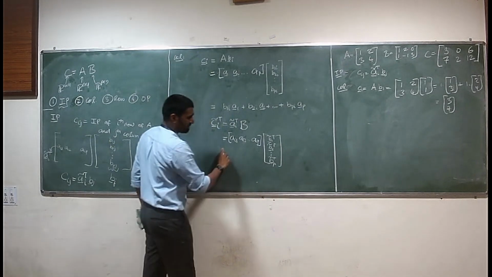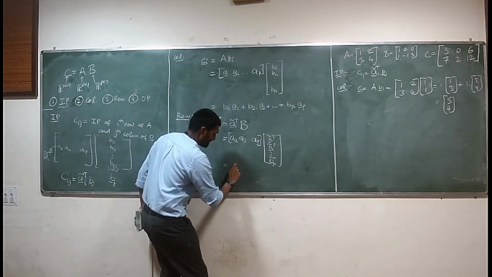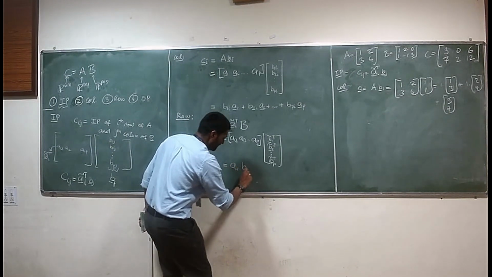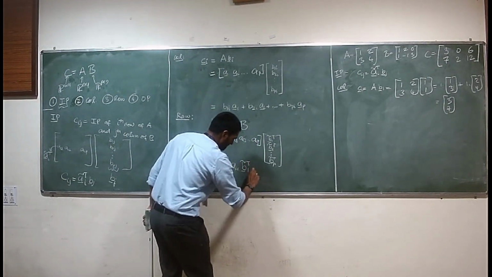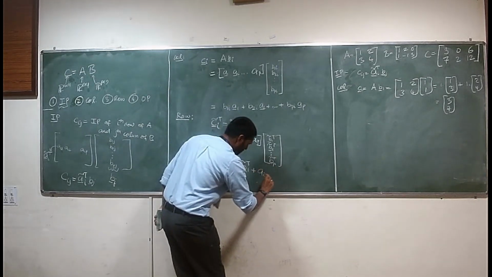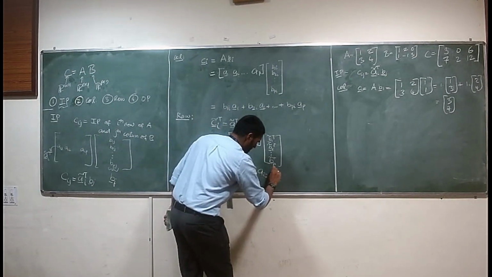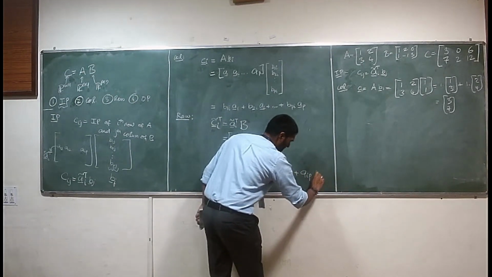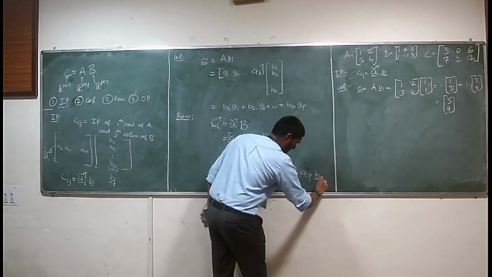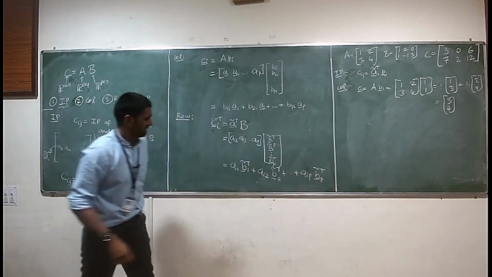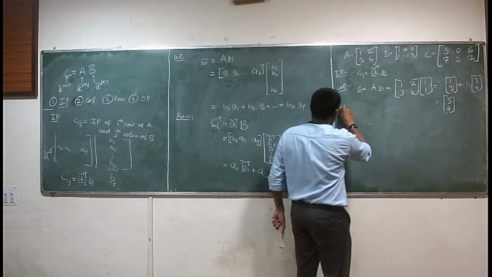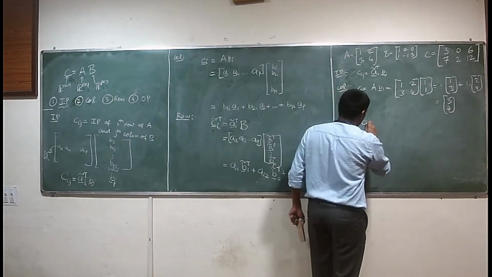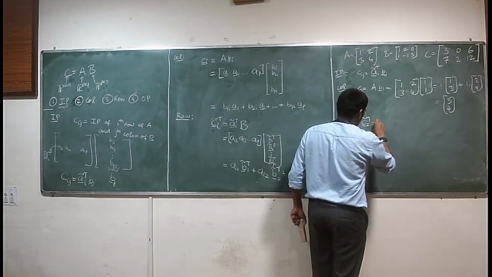That means this will simply be AI1 multiplied by B1 plus AI2 B2 and then AI3 B3. Let's verify that here. Tell me, what is this second row of C?